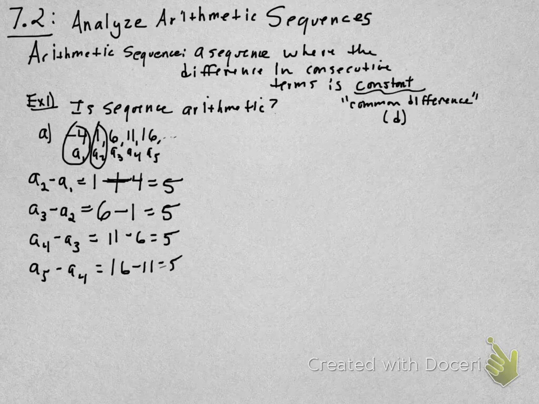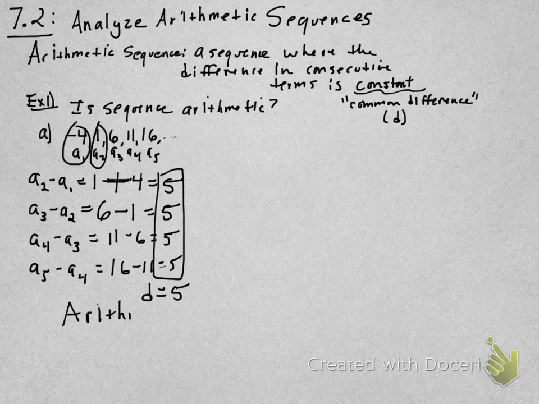I still get 5. Notice how the difference is the same. That would be my common difference, D. And of course, since it's the same, we would say yes, this is arithmetic. And the good news is, in a second, I will show you that if a sequence is arithmetic, there is a nice formula you can use to get the formula for the nth term.